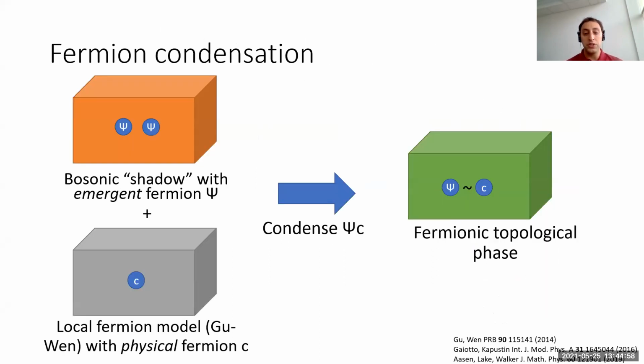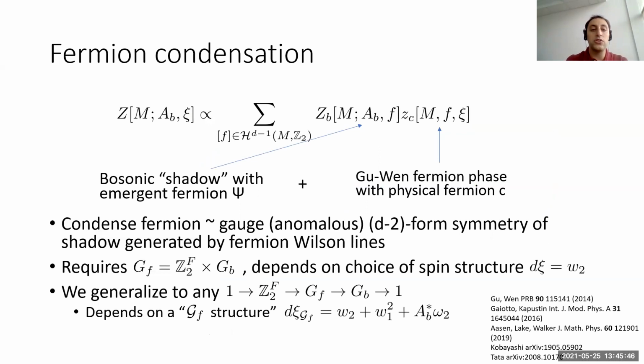Now, fermion condensation, which was developed by Gaiotto-Kapustin and Aasen, Lake, and Walker, is a procedure to take a bosonic theory with an emergent fermion, which I'm going to call psi, such as the one I just described to you, combine it with a local model of fermions with a physical fermion, which I'm going to call c, and condense the bound state of the emergent fermion with the physical fermion, and produce a fermionic topological phase, which inherits a lot of its properties from the bosonic shadow that we started with originally.